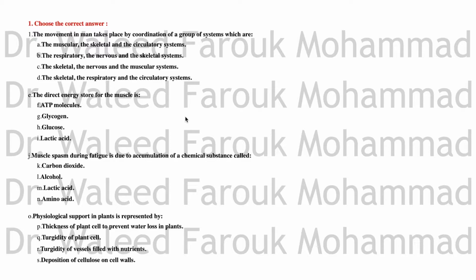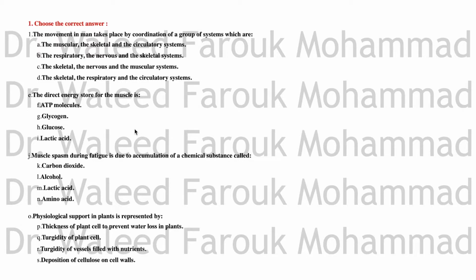So it's the skeletal system, the nervous system, and the muscular system, okay? The others, yes, contribute to the movements indirectly by supplying nutrition and oxygen, but we mean the direct systems responsible for a movement to occur.